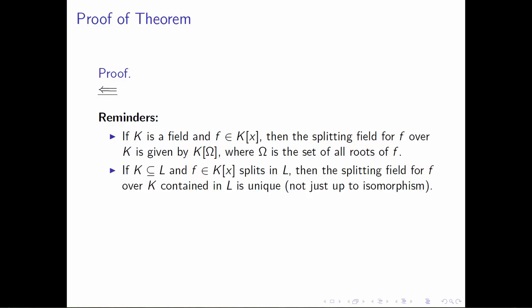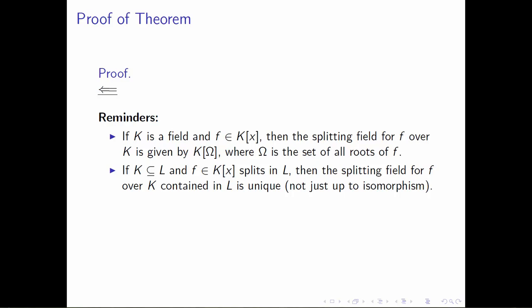And the next reminder is this. We know that splitting fields are unique up to isomorphism, but what I want to say here is a little bit stronger than that. If K is a field contained in L, and f is a polynomial in K adjoined X that happens to split inside the field L, then we can look for a splitting field of the polynomial f contained in L. And when we do that, that splitting field will be unique, not just up to isomorphism, but that splitting field for little f over K contained in L is unique.